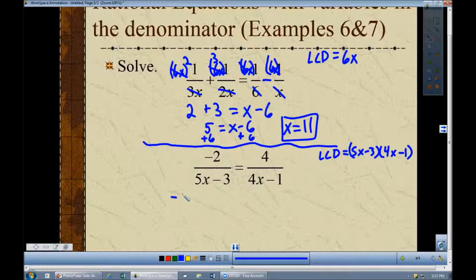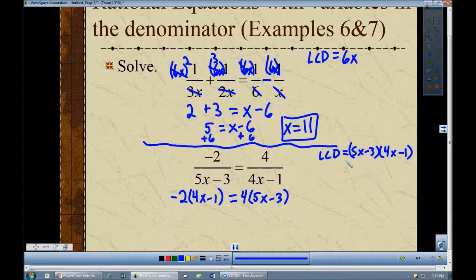So I really wind up multiplying negative 2 times only 4x minus 1. Remember, it's that concept of what is this denominator missing? That's all the numerator has to multiply by. When I multiply this right equation times the LCD, the 4x minus 1's will cancel, and all that's left for this 4 to multiply by is 5x minus 3.